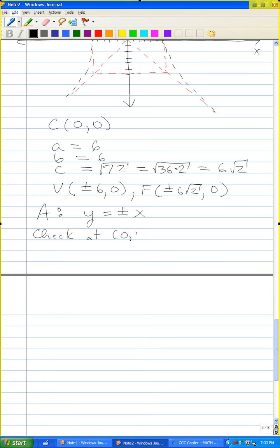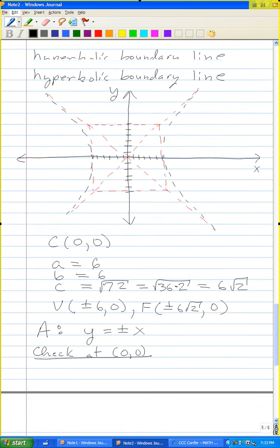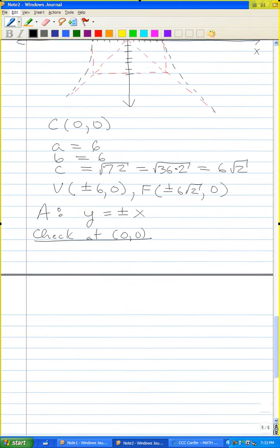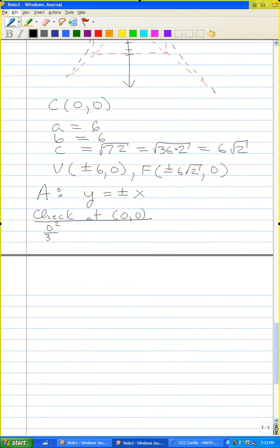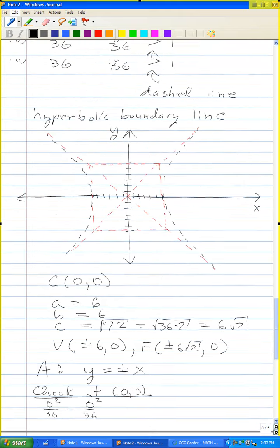So is 0 squared over 36 minus 0 squared over 36 greater than 1.